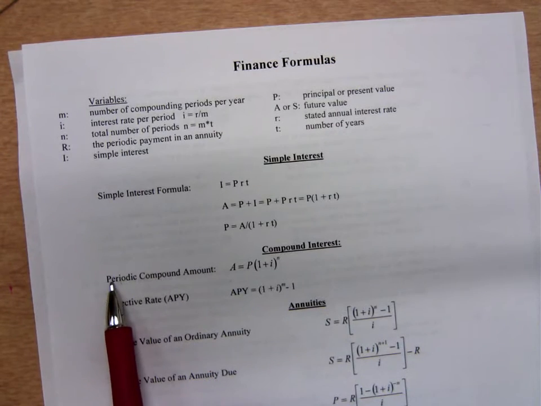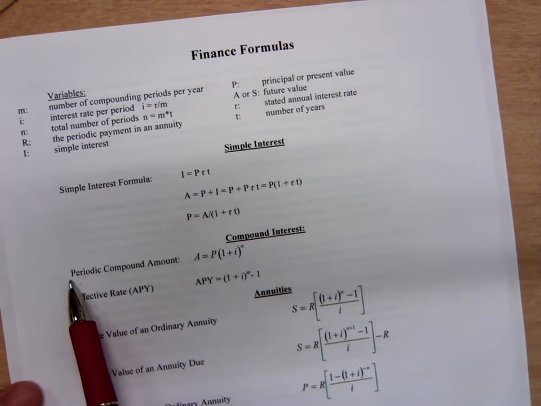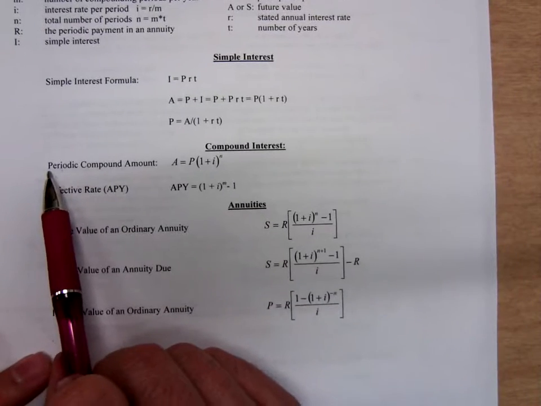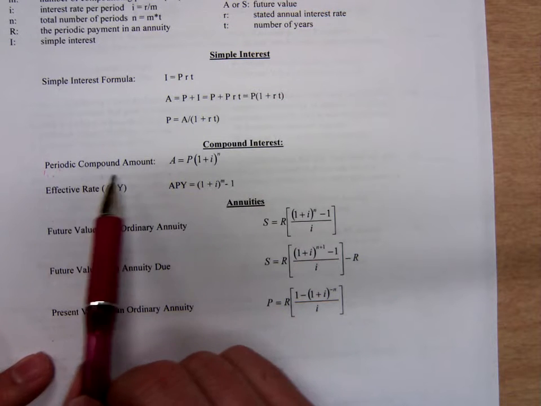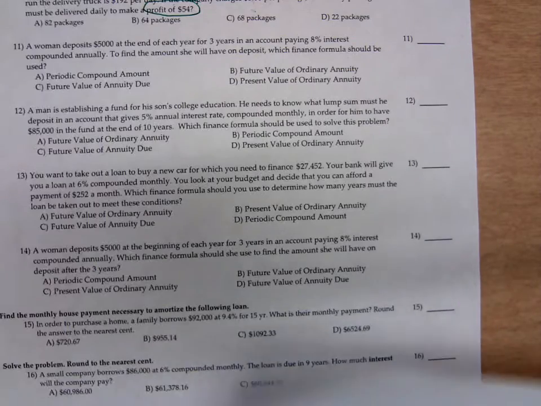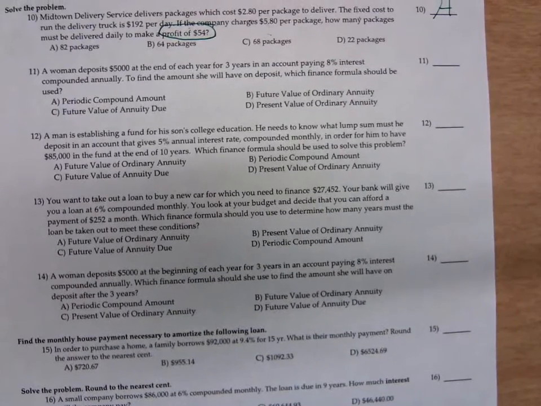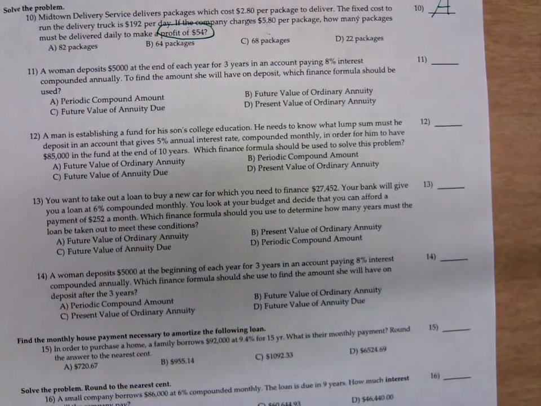If there's not just a series of periodic payments and it's a compound interest problem, then we're using the periodic compound amount formula. Okay, so let's see. The first few problems, 11, 12, 13, 14, don't look like any where we actually have to do number crunching.